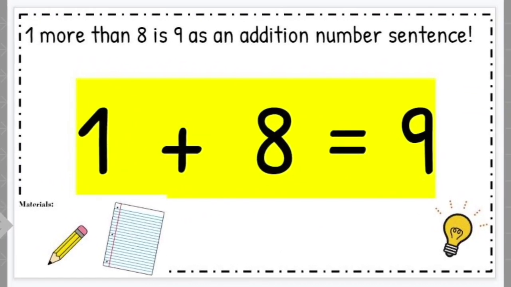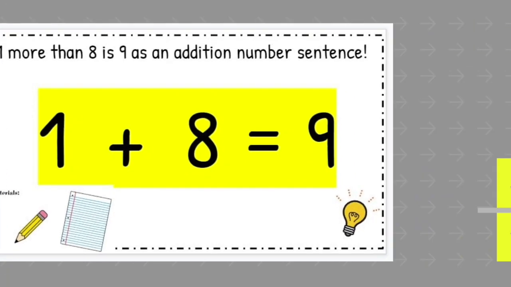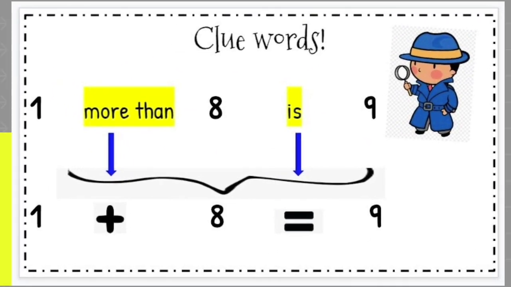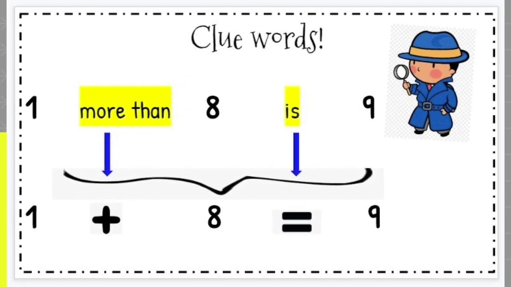Okay, here it is as an addition number sentence. Our goal is to be able to write an addition number sentence that shows 1 more. So 1 more than 8 is 9. 1 plus 8 equals 9. Let's take a look at those clue words again. See how these are related?